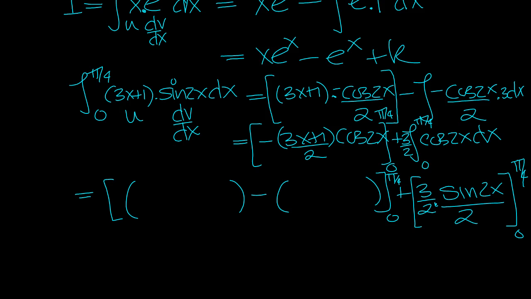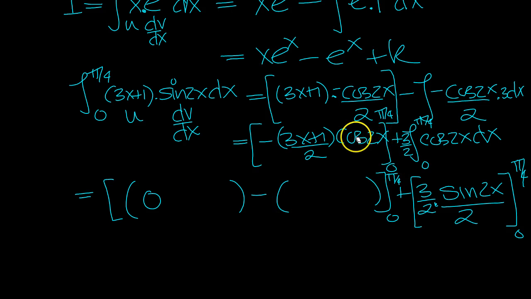So the top, that first thing was 0. And then take away bottom value.